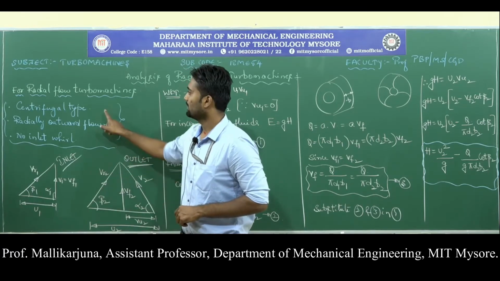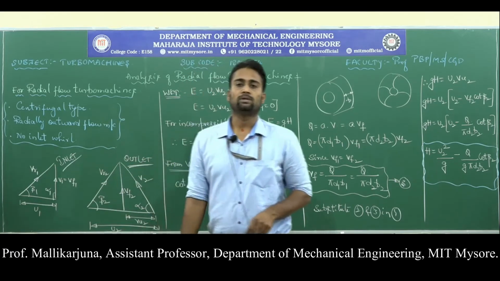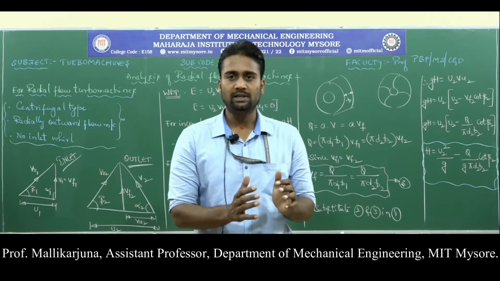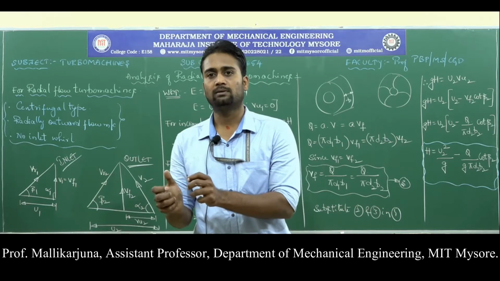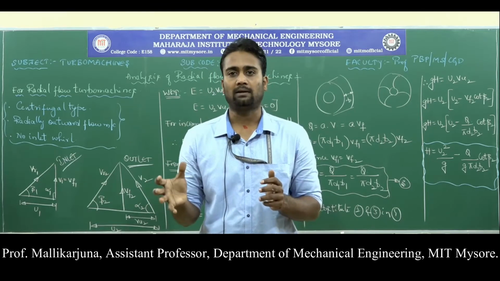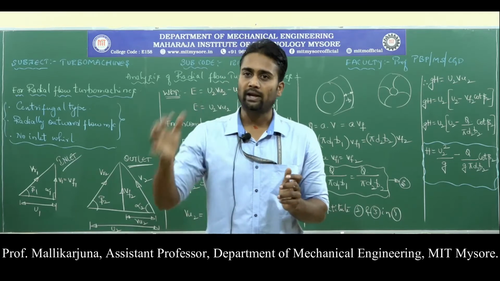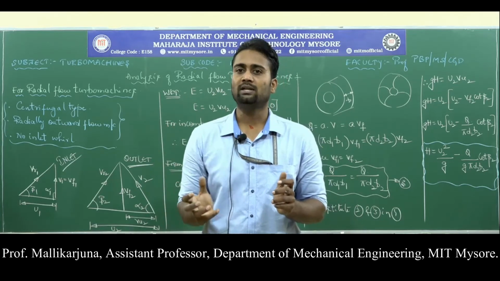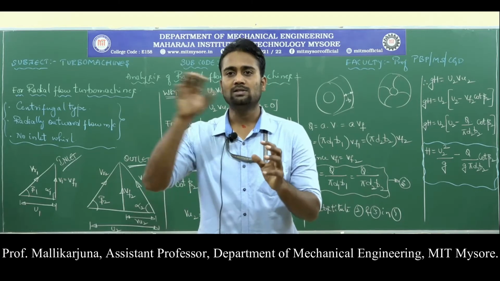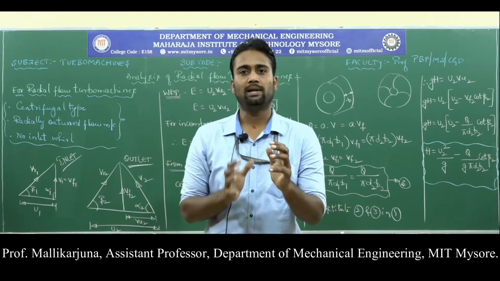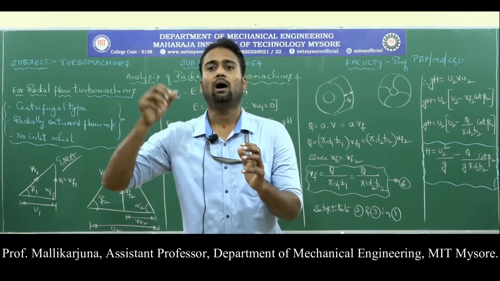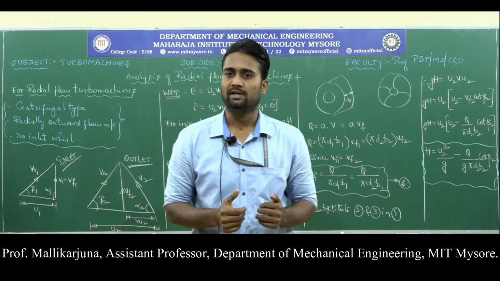Next thing is, all radially outward flow machines are centrifugal type, in the sense the energy to the fluid is imparted by the machine in the form of centrifugal act. In the sense, the rotating element of the machine is going to impart the energy to the fluid, thereby this rotary action of the blades of the machine is going to throw the fluid outward from the center.